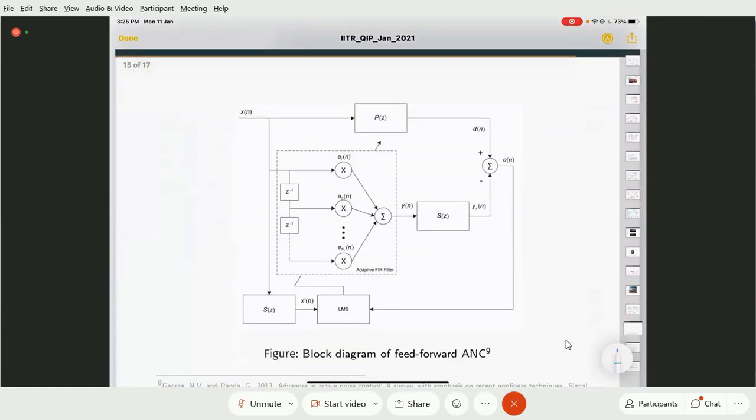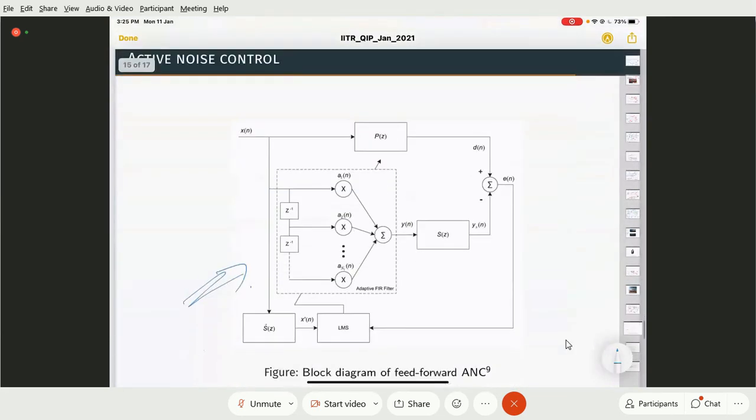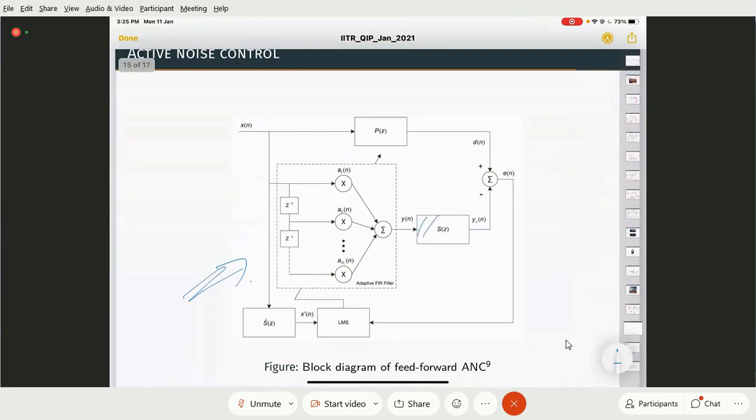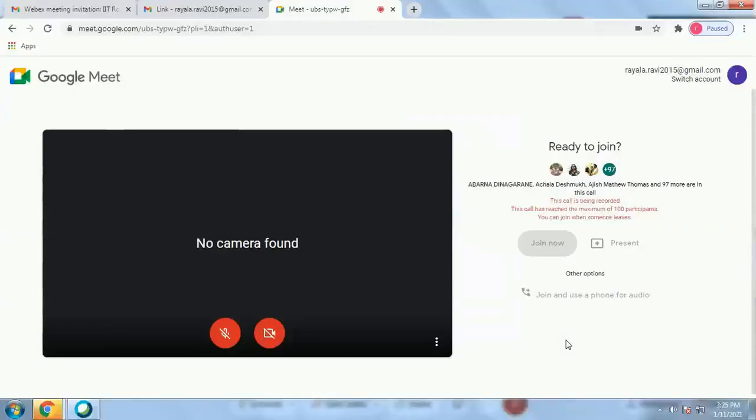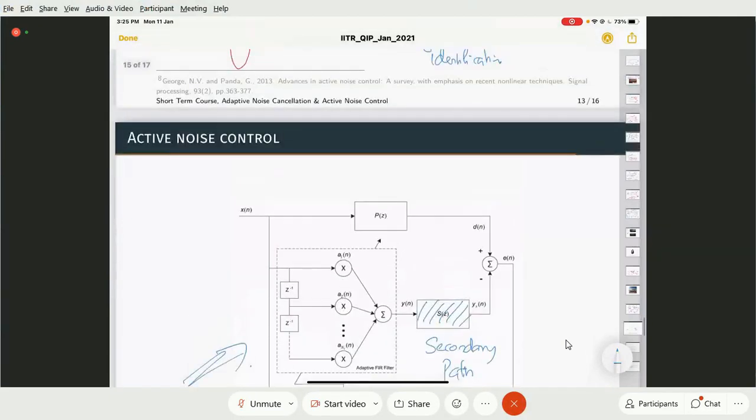So this block diagram is equal to this schematic diagram. Only thing is that I have created models. This I will call the secondary path model, secondary path, and this I will call the primary path.